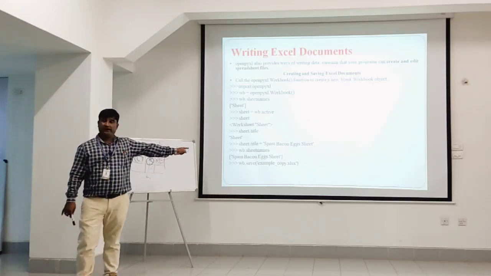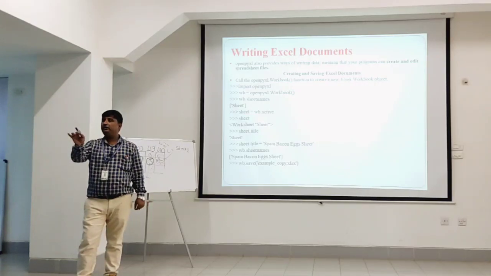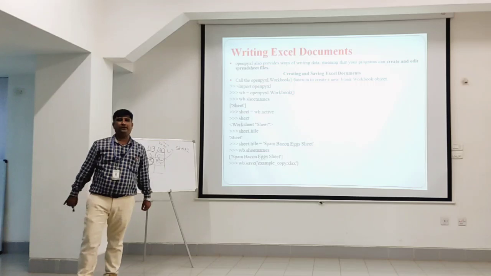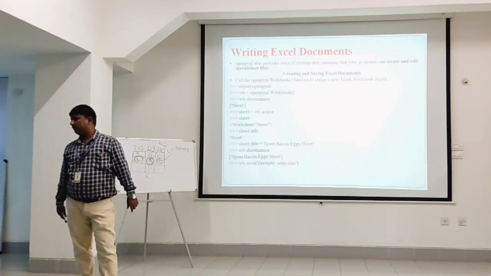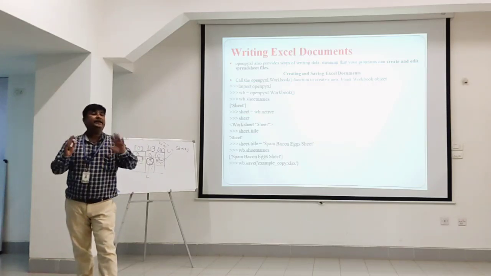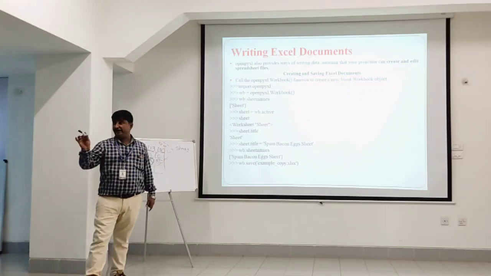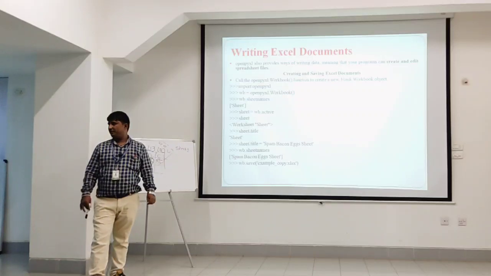Now where will this file be created? In the current working directory. While it is open, does it contain some data or blank data? It is blank because we are not writing any data into that sheet, the Spam Back on X sheet.